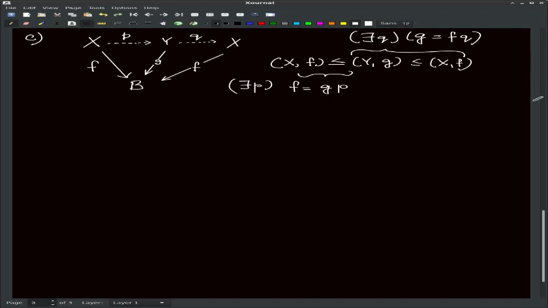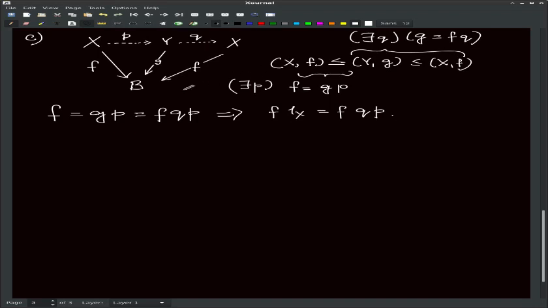Now you have to do some calculations. So f is gp, but g is fq. So what are you having? This is telling you, you can also write f as f identity of X is equal to fqp, right?